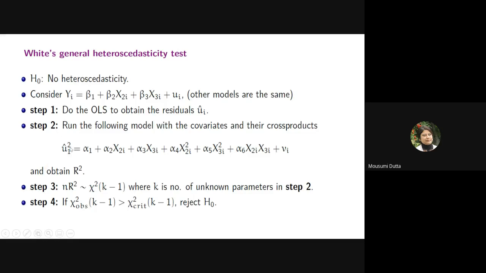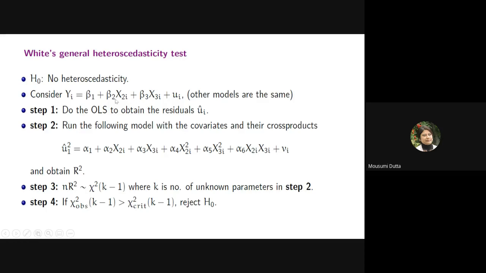Okay, so ui hat square is equal to alpha 1 plus alpha 2 x2i plus alpha 3 x3i plus alpha 4 x2i square, alpha 5 x3i square. Then I am taking cross products, alpha 6 x2i x3i plus error.